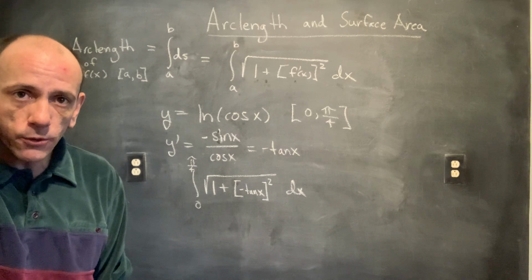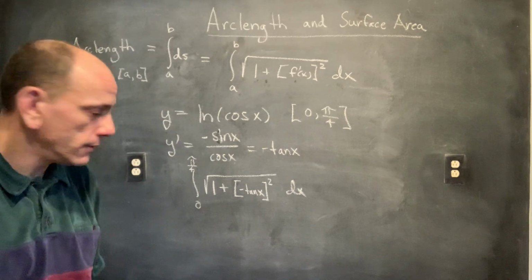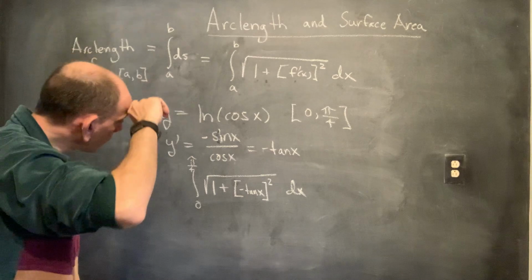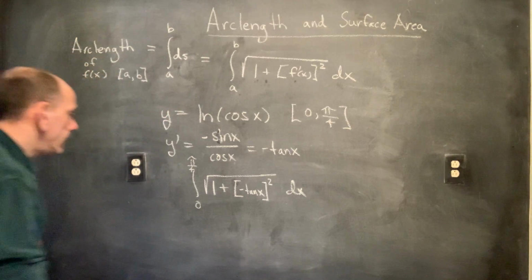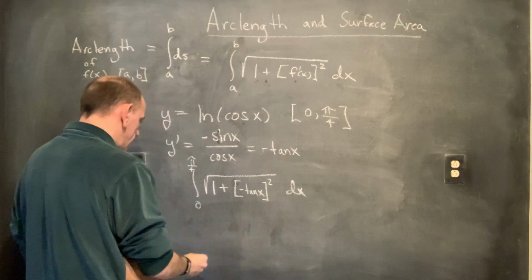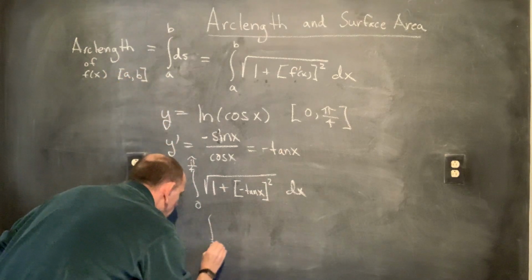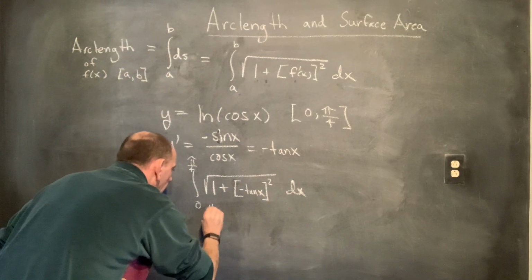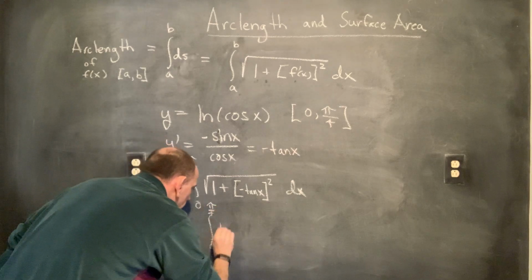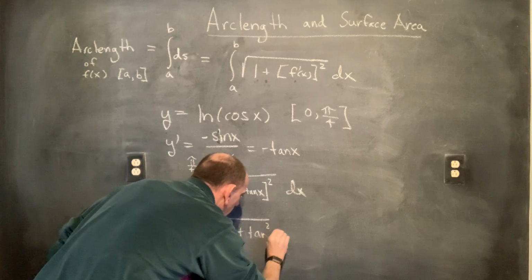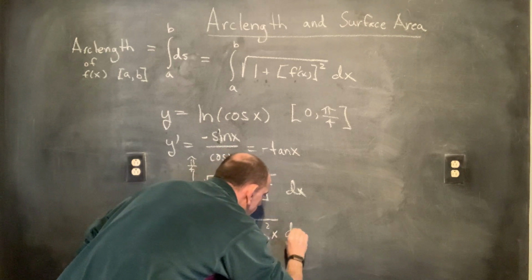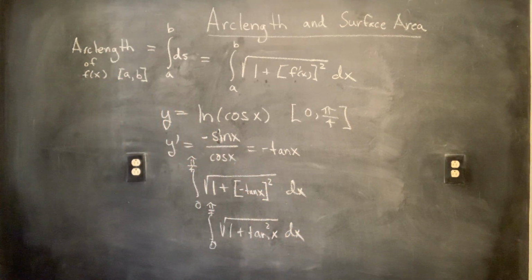It's at the pi over 2 multiples where it goes undefined. So we're okay there. And now that is the integral from 0 to pi over 4 square root of 1 plus tan squared of x dx.